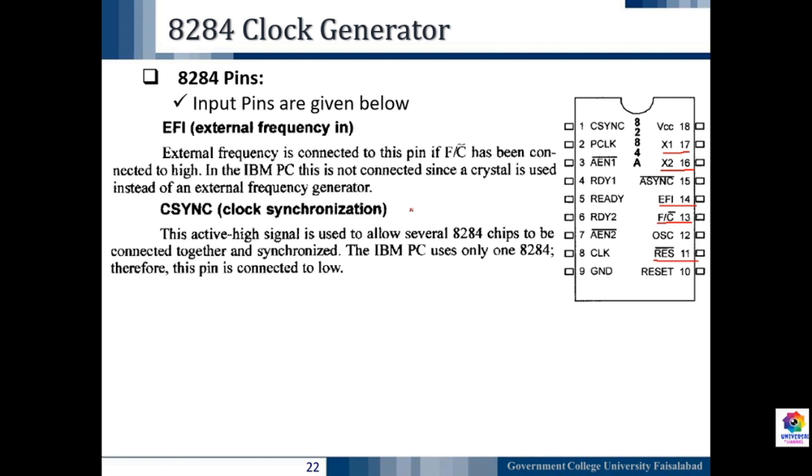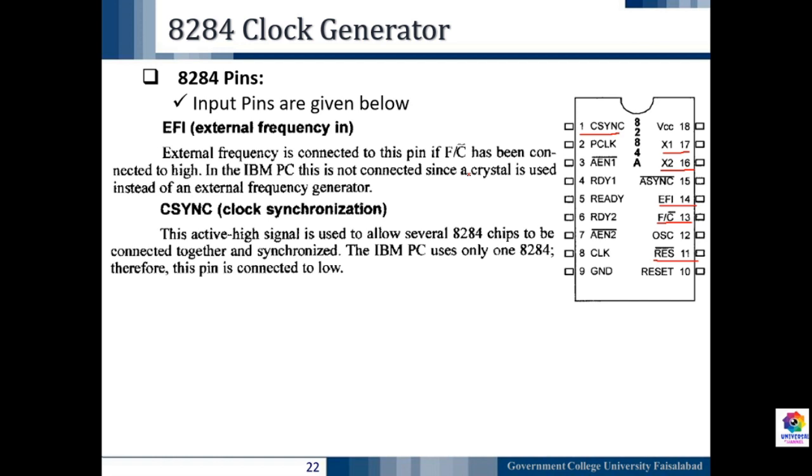The next pin is clock synchronization, CSYNC, which is pin number 1. This active high signal is used to allow several 8284 chips to be connected together and synchronized.